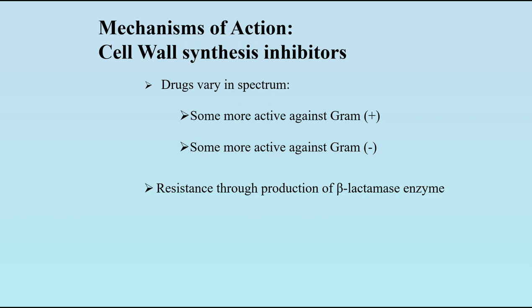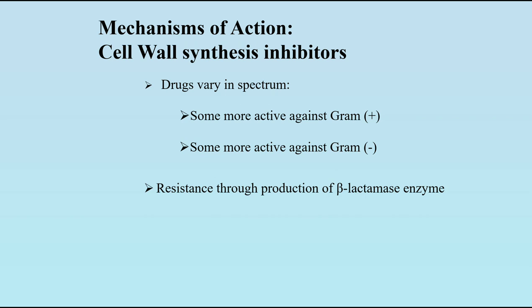So, through the process of evolution, the enzyme beta lactamase is being produced by the bacteria, and then that enzyme is damaging or destroying the structure of the antibiotic. And then, as a result, the antibiotic becomes no more effective.